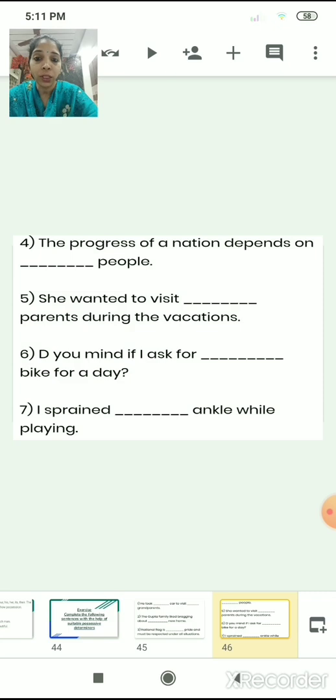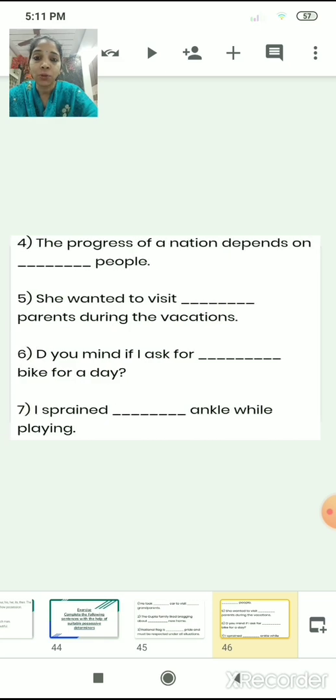She wanted to visit her parents during the vacations. Do you mind if I ask for your bike for a day? I sprained my ankle while playing. So these are sentences which we use in our daily life. In most sentences we use possessive determiners in order to show possessiveness.